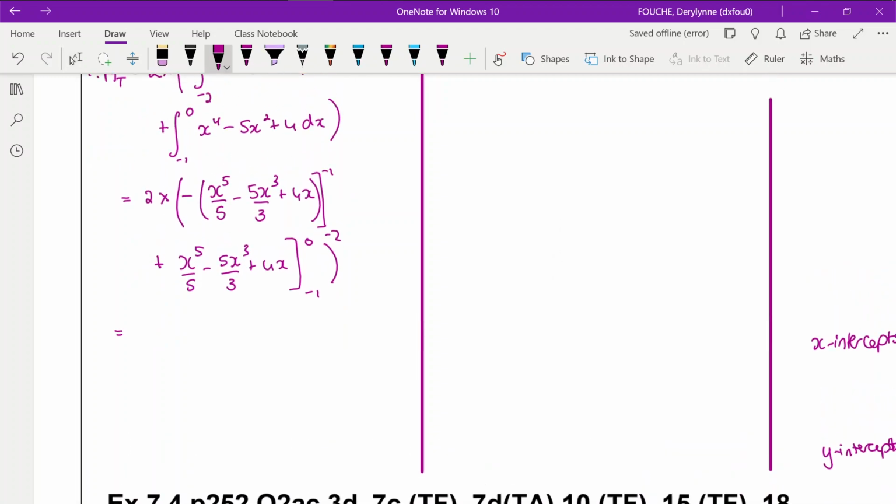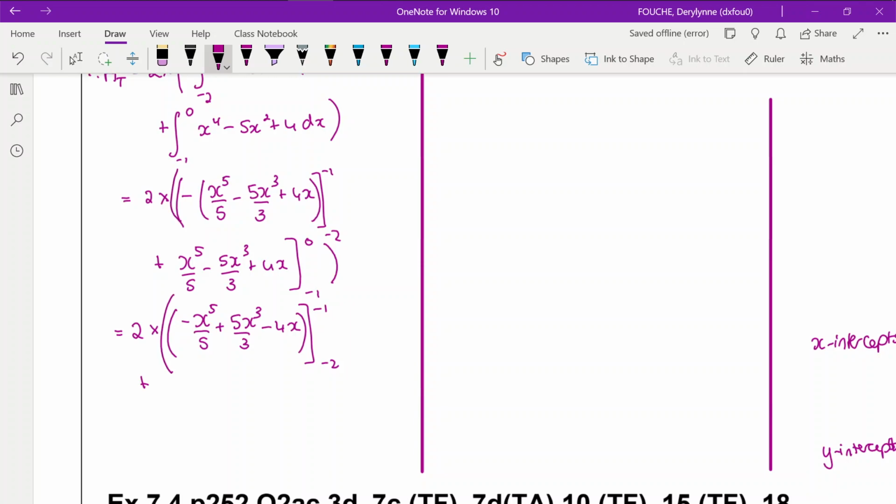And I think it's a bit easier now, before we do our substitution, that we just multiply that negative in. So I have 2 times, and I've got negative x to the 5 over 5 plus 5x cubed over 3 minus 4x, from negative 2 to negative 1, plus, I'm missing a bracket here.